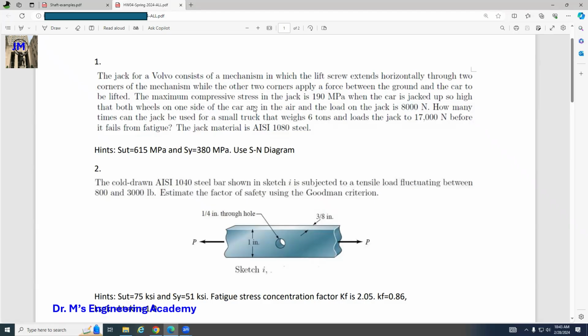KE equals negative sign. Remember this negative sign: here is theta minimum, omega minimum, and theta omega maximum. And then we have TL minus TL average, d theta.